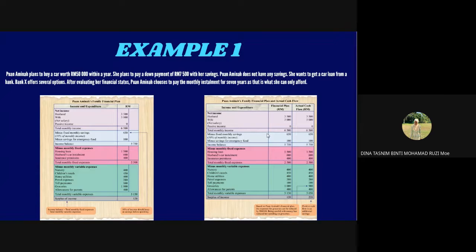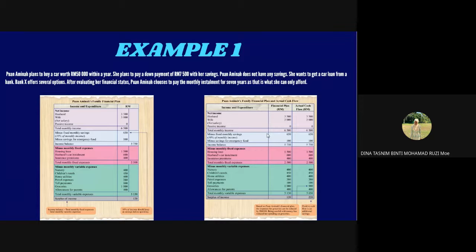And then they need to minus savings for emergency, which is 100 ringgit, and the income balance will be 5,750 ringgit. And then they need to minus monthly fixed expenses, as I just said just now. Fixed expenses ini adalah benda yang wajib kita bayar, which is house loan, husband's car installment, and insurance premiums. And the total will be 2,500 ringgit.